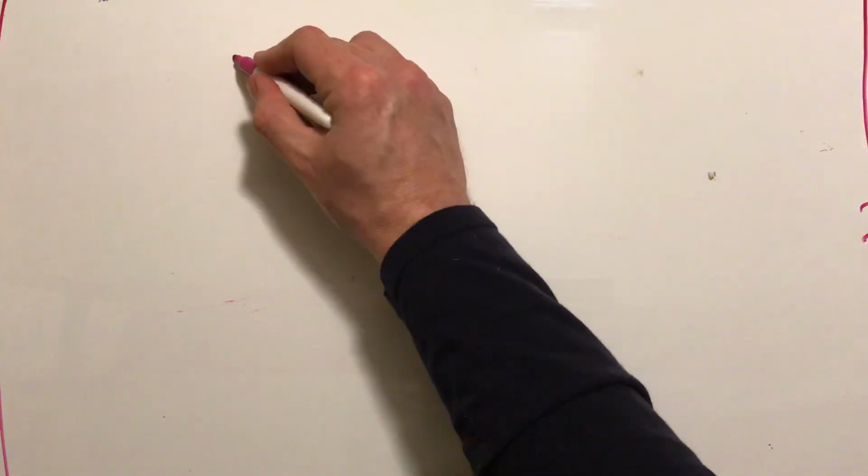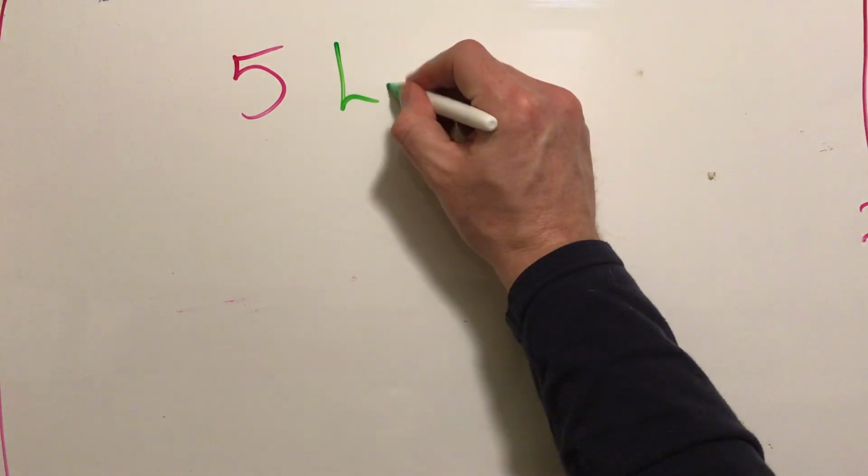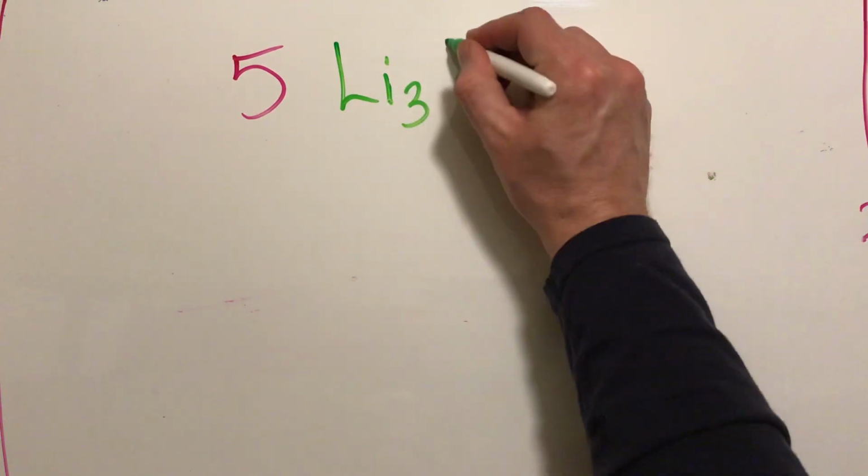The last example is one that uses both a coefficient in front of a molecule along with some brackets. So this time we'll use 5, and our molecule this time will be, let's go with lithium phosphate.